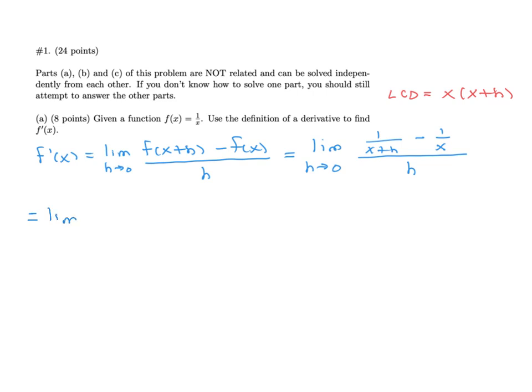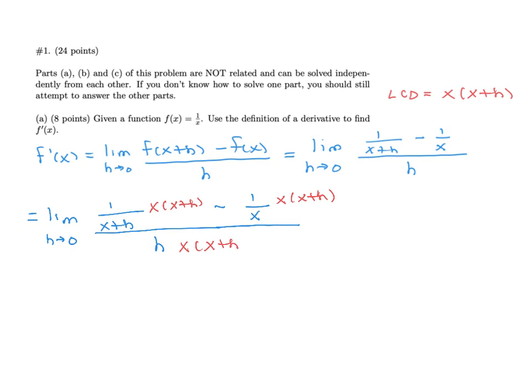This is the limit as h goes to 0 of, so we have 1 over x plus h, and this is multiplied by x times x plus h. Then we subtract off 1 over x, again multiplied by x times x plus h. And in the denominator, we also have h times x plus h.